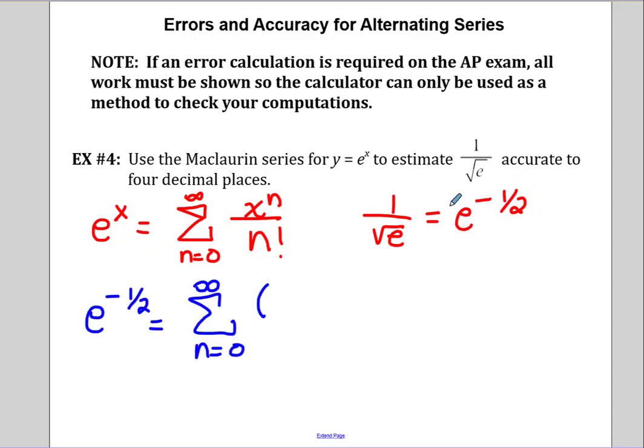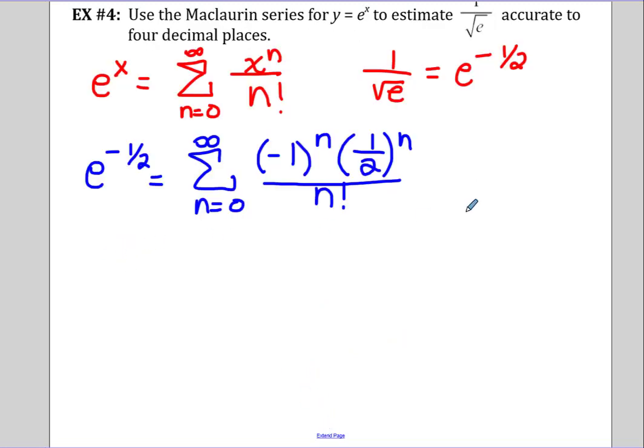And what I'd want to do is pull the -1 out to the front, make it its own separate expression to the n power, and use 1/2 to the n over n factorial from my formula here. So we're going to work it that way. Now, if you want, you can make a table and figure out all the calculations. But I'm going to look at, let's see, to 4 decimal places.